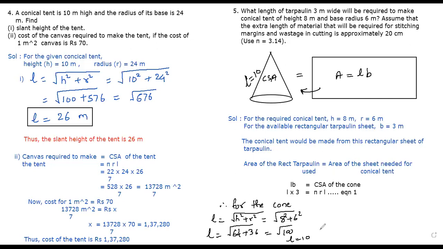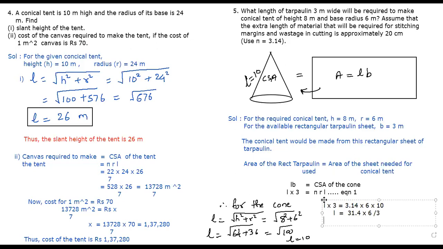6, 8 and 10 is another Pythagorean triplet. Yes or no? Yes, sir. Now put those values. So L into 3. L of the tarpaulin, it is 3.14 because they have given the value of pi as 3.14, into radius. What is the radius? 6, into slant height 10. This 3 will come here and become divided by 3. So L is equal to 31.4 multiplied by 10. One decimal shifts.